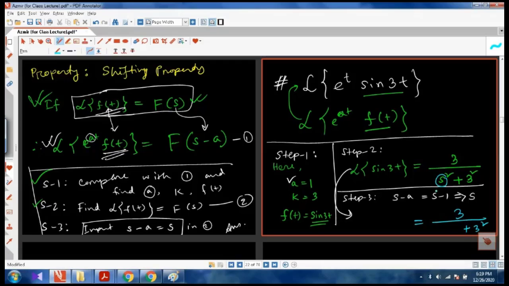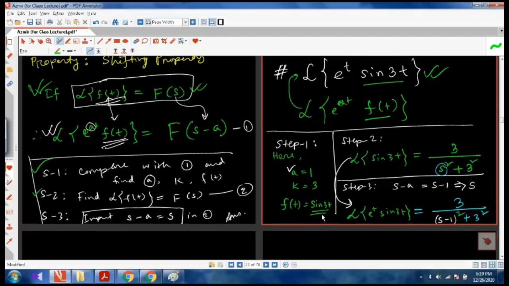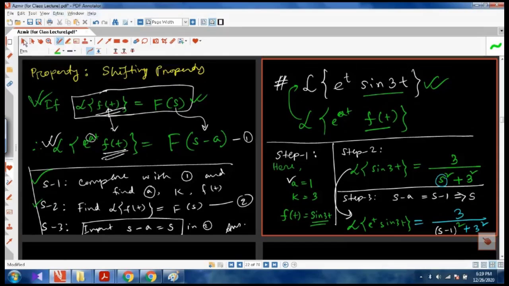Here is s, so instead of s, let's write s minus 1, squared. So this is the result. The Laplace transformation of e power t sine 3t is actually this one. You will get a clearer concept if we solve another problem.